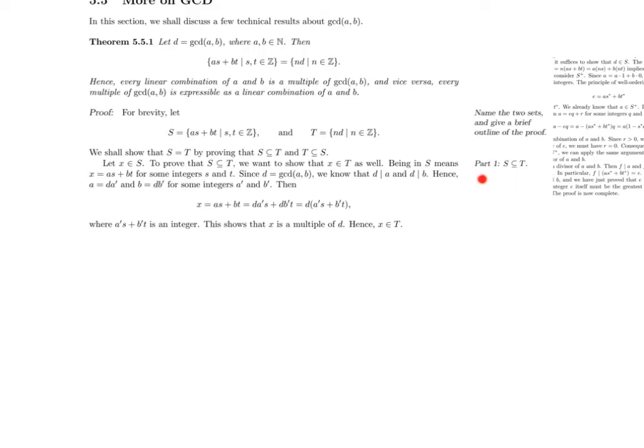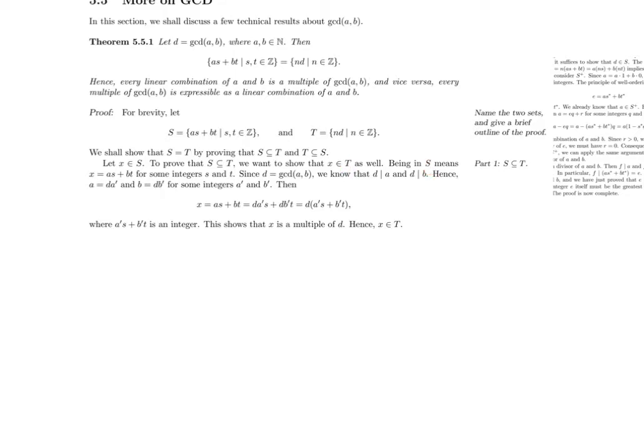So let's start by showing that S is a subset of T. The strategy is to start with an arbitrary element in the first set. So we'll let X be in S, and we need to show that X is in T as well.